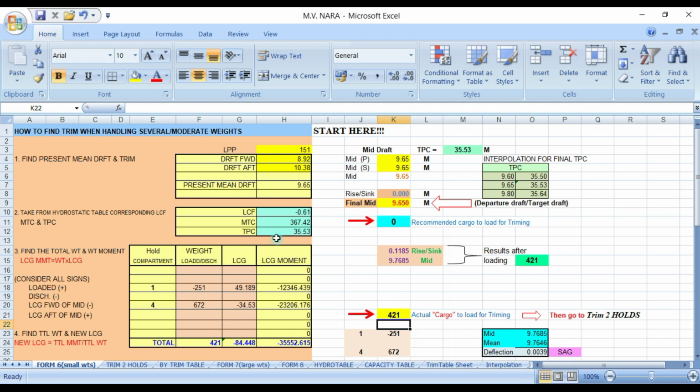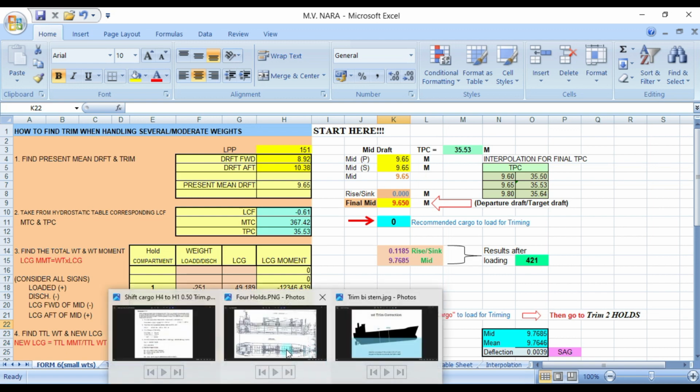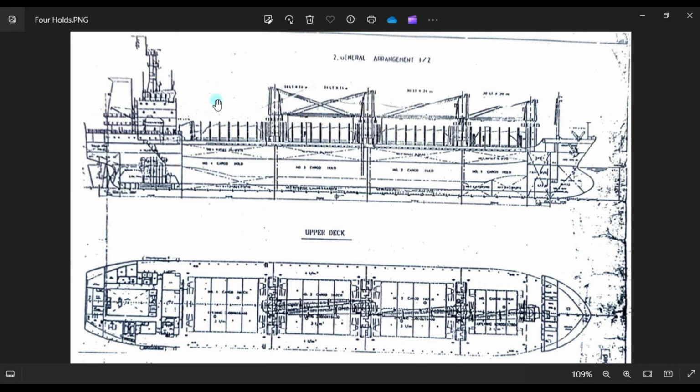Because you're only shifting your cargo here going to hold number 1. So your mean drop will be the same. But if you take out all your cargo here, of course your mean drop will be different.